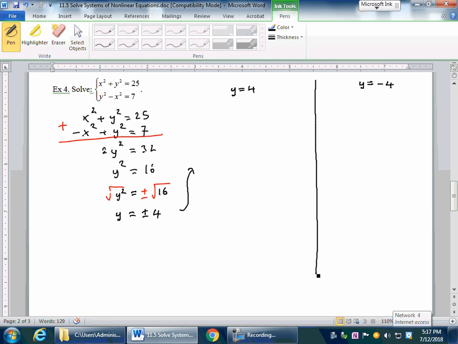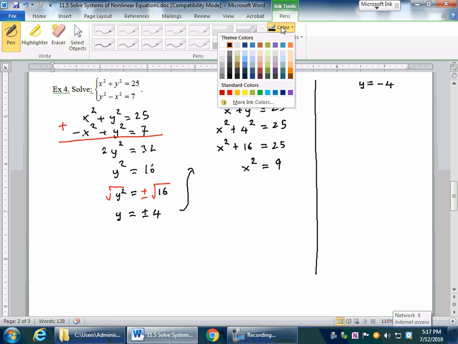Substitute y equal to 4 into one of the equations. I can substitute into the first equation, x squared plus y squared equal to 25, substituting y with 4. So it will be x squared plus 4 squared equal to 25, so x squared plus 16 equal to 25. Subtracting 16 on both sides gives me 9.